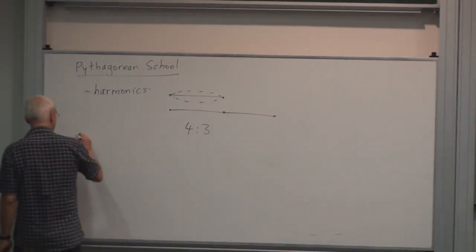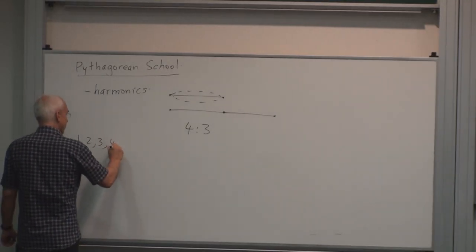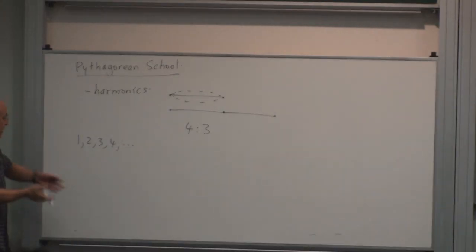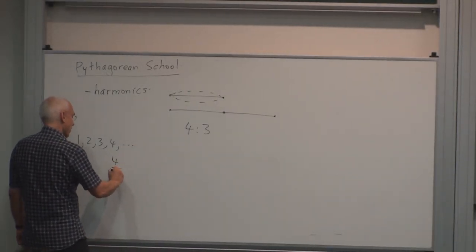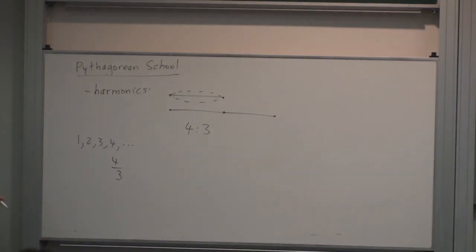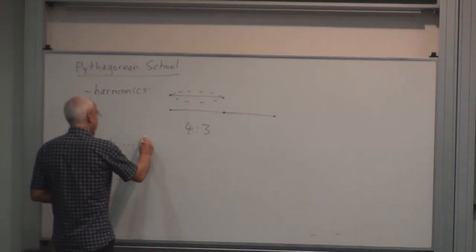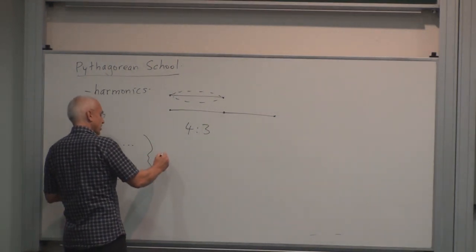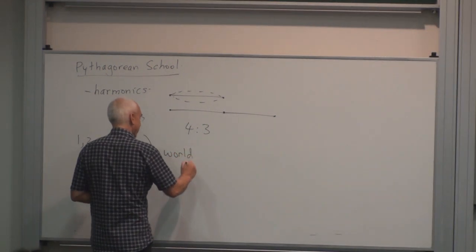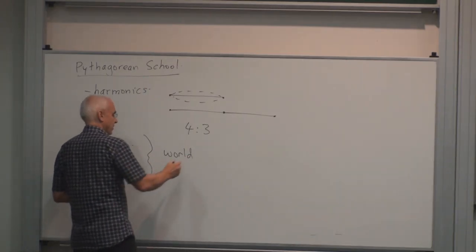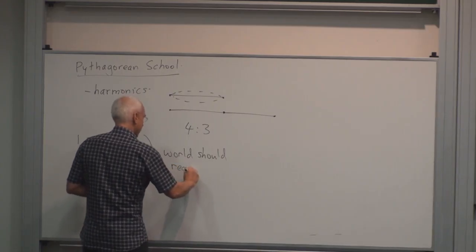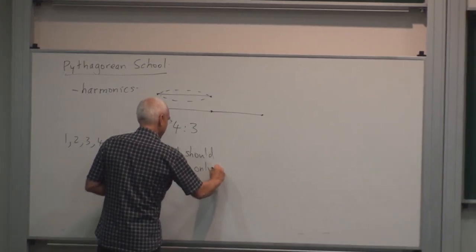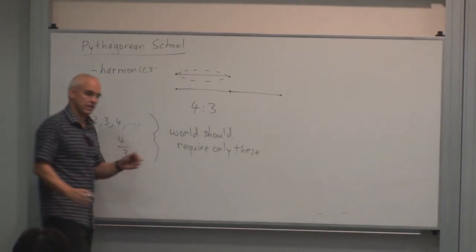And when they say numbers, we're talking about ordinary natural numbers and numbers that you could build from them, ratios like this, or what we would call fractions. So their idea was that the universe, the world, should be explainable only in terms of these kinds of numbers.